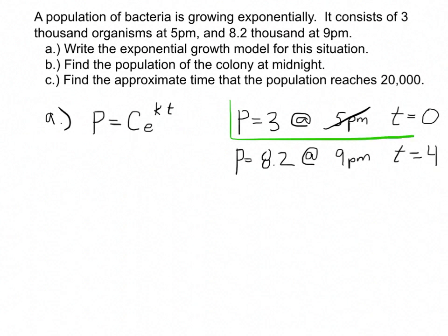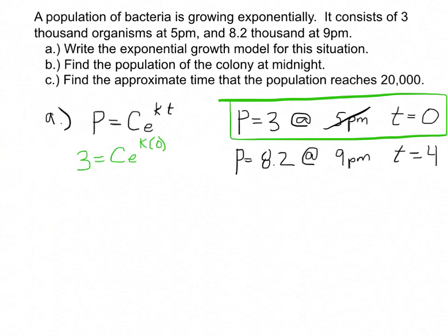First, I'm going to use this information. Population is 3, Ce^(k·0), when time is 0. And you can see right there why it's so great to have time being 0. Because now I have 3 equals Ce^0. In other words, 3 equals C.